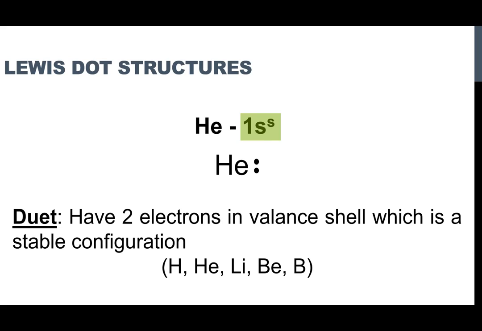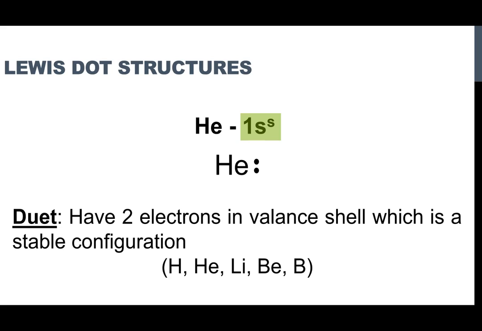Now, does helium have 8 electrons in its valence shell? No, helium only has 2 electrons total. But having 2 electrons in that first energy level does make it particularly stable. So helium has a duet, and he's happy with a duet.